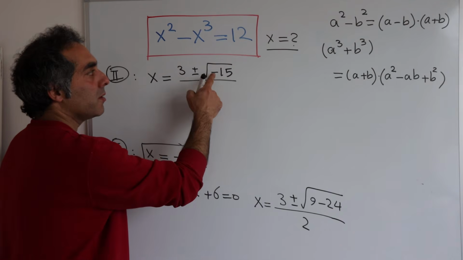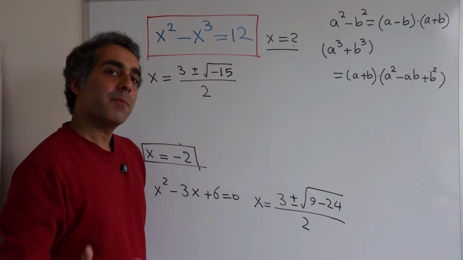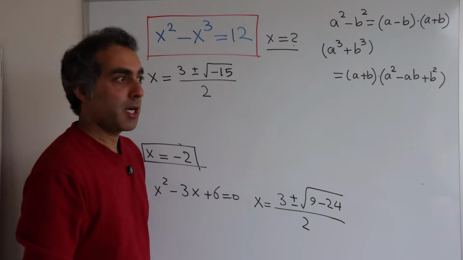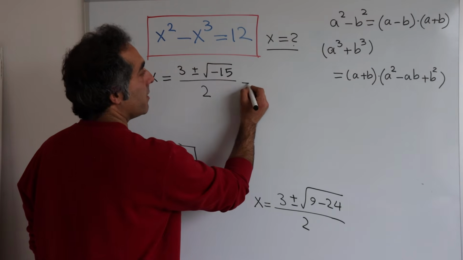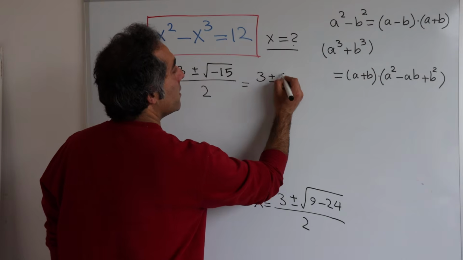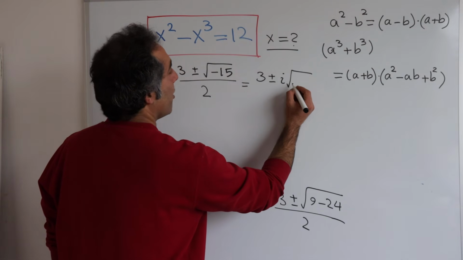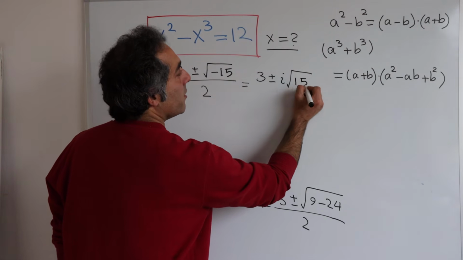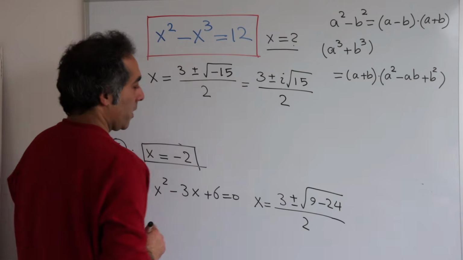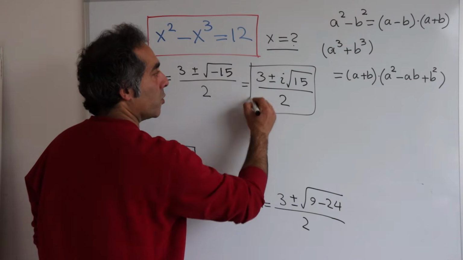And you know a negative number under a radical is an imaginary number. You can write it as 3 plus minus i, as the square root of minus 1, times root 15, over 2. So this is the other root.